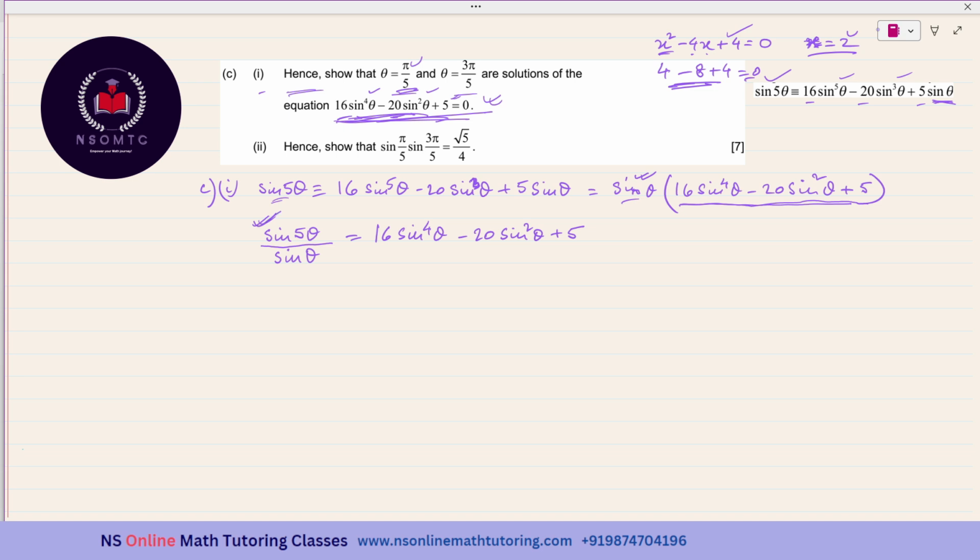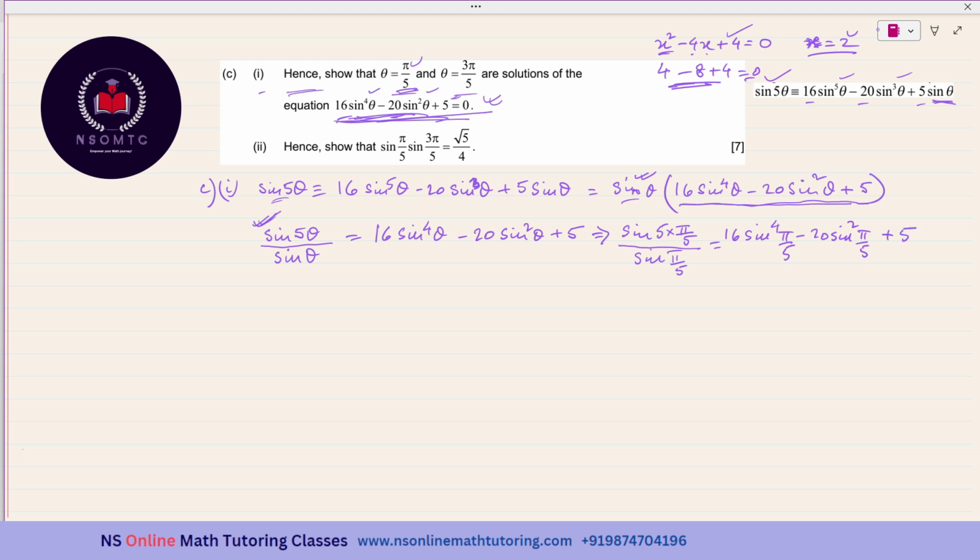So sine 5 times pi over 5, because it is sine 5 theta, over sine pi over 5 is equal to 16 sine to the power of 4 pi over 5 minus 20 sine square pi over 5 plus 5.